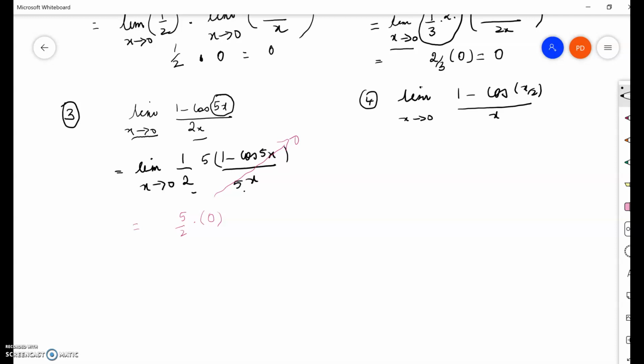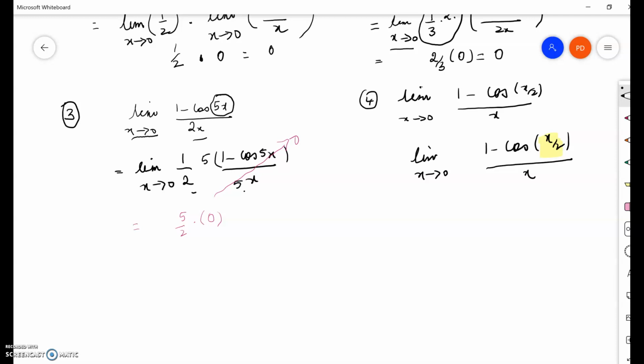Now the next one, very similar. We have limit as x approaches 0 of 1 minus cosine of x over 2 divided by x. What I need is exactly this term.